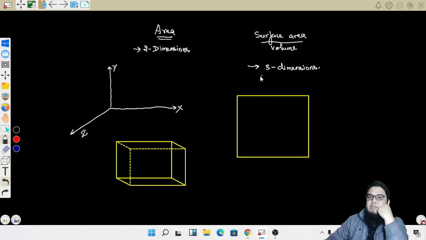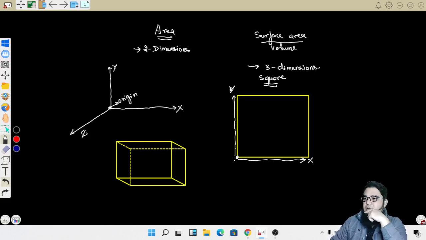If you see this is a square, consider this point as a point of origin, then you have this side in one axis and this side in another axis, meaning x and y.